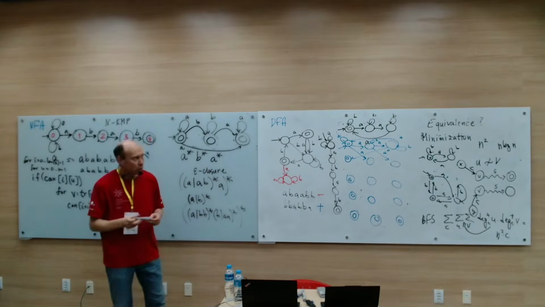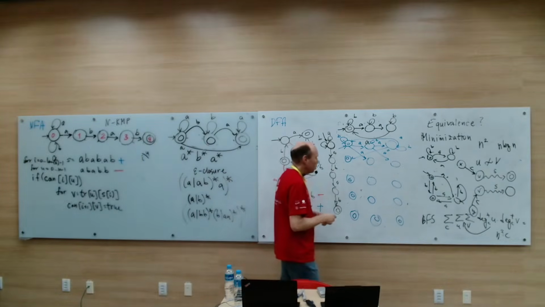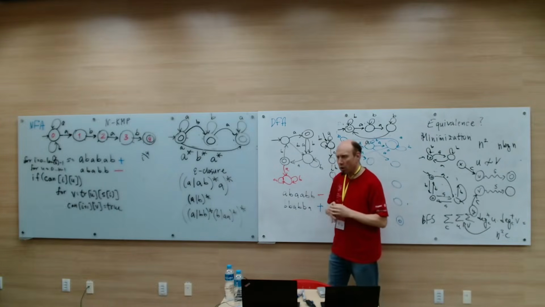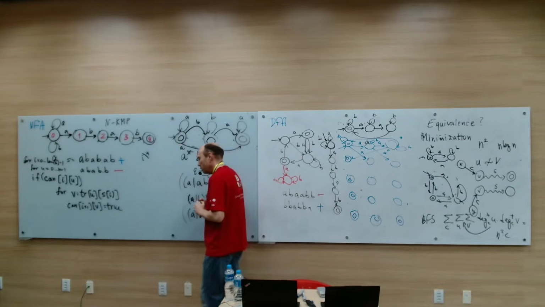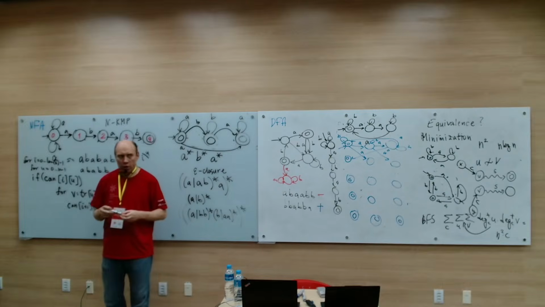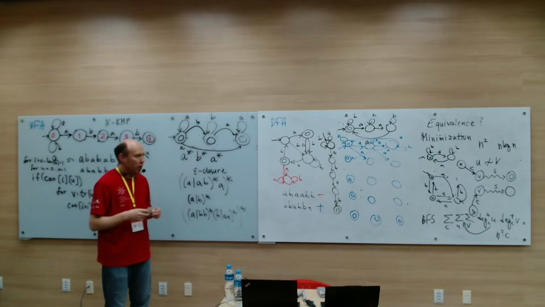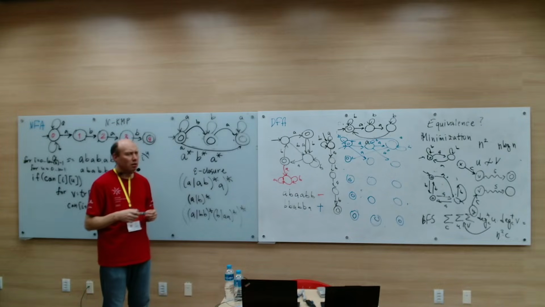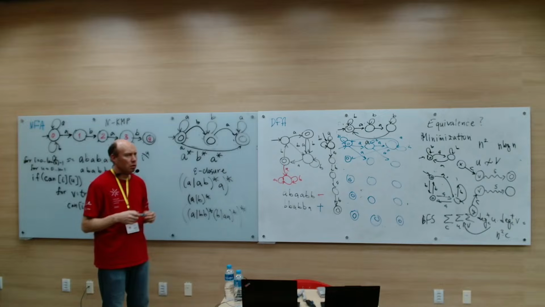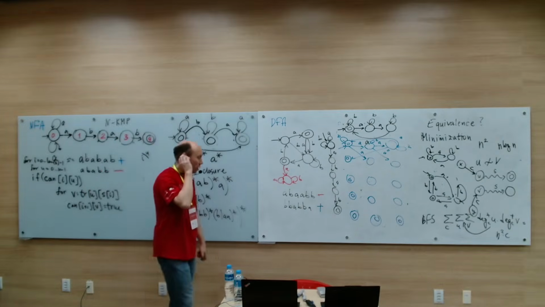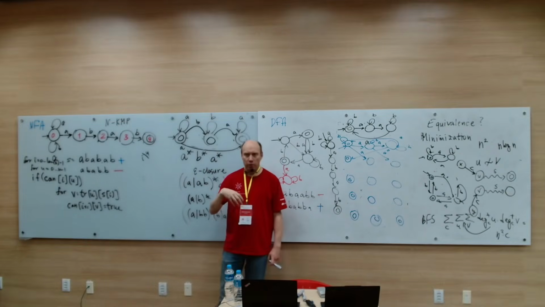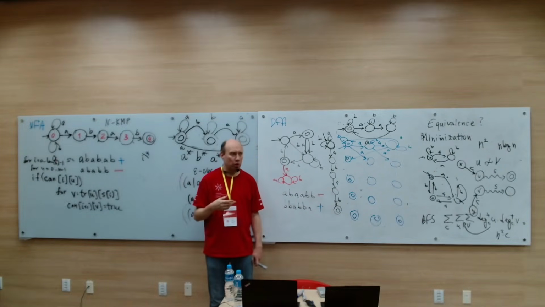So now, when you want to check equivalence of two automatons, you minimize them and check if the results are isomorphic. There's a question, please. To check isomorphism, can you just map the initial state of the first automaton to the initial? Yes, let's describe how to check isomorphism for automatons. You know that isomorphism for graphs is difficult, nobody knows how to solve that.